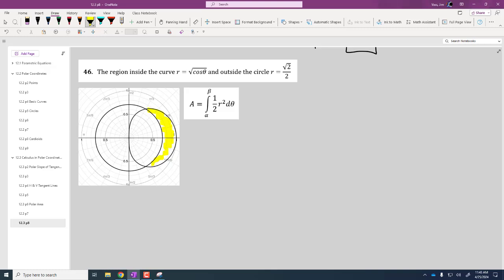You have to set them equal to each other. If we want to know what this angle is, we can tell from the graph that it looks to be pi over 3, but we would set the two equal, solve and get theta is pi over 3. Then we find the area of that, which we'll do on Tuesday, and double it. 0 to pi over 3 doubled.